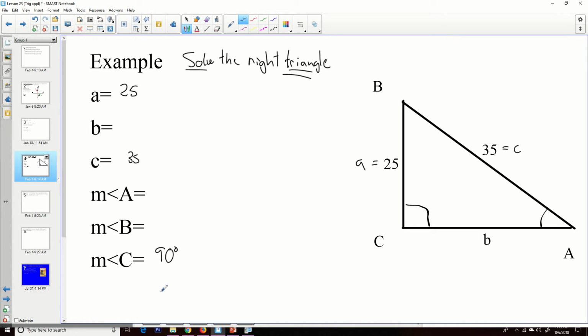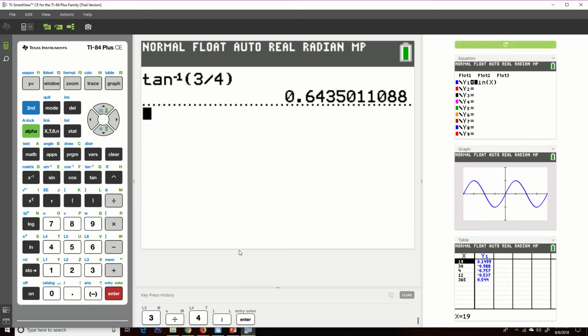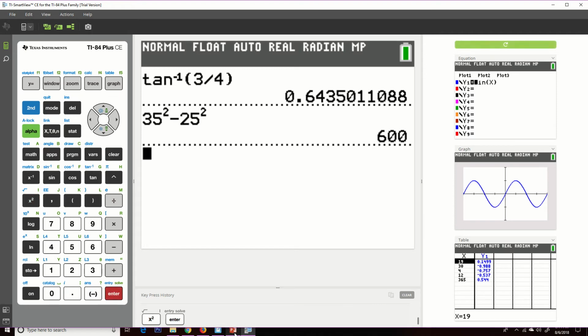Now, not every single answer is going to need trigonometry. For example, when we solve for B, since we know that this is a right triangle, we can use the Pythagorean theorem and say that 25 squared plus B squared is equal to 35 squared. So if I go 35 squared minus 25 squared, I get 600.